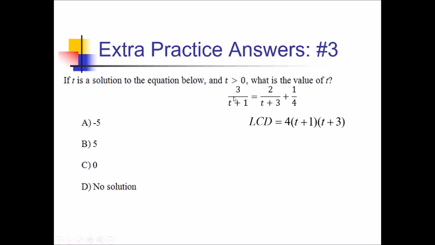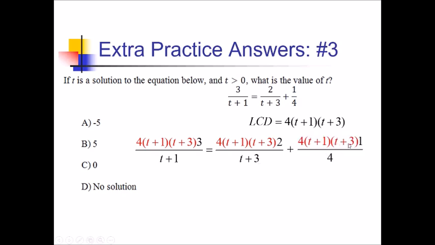So we have the first fraction times the LCD in red there, equals the second fraction times the LCD in red, plus 1/4 times my LCD. All right, so now I'm going to go through and cancel out some stuff. The t plus 1's cancel in that first fraction, then it's the t plus 3's, and then finally it's the 4's.